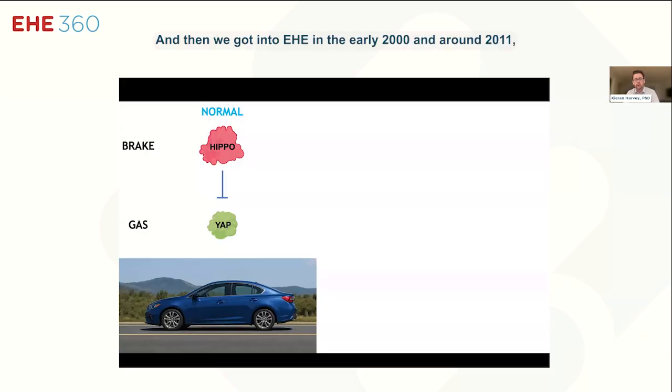And then we got into EHE around 2011, when Munir Tanas in Brian Rubin's lab, as well as Christina Antonescu's lab, discovered the first EHE fusion, TAZ-CAMTA1. And at the time, we knew that YAP and TAZ were oncogenes, as was introduced in the first presentation by Dr. Chen.